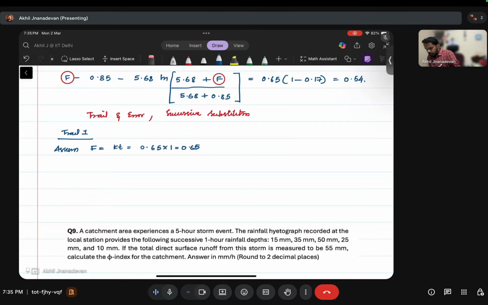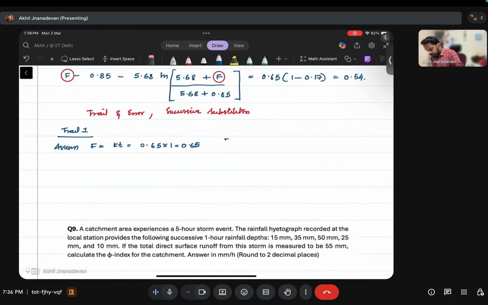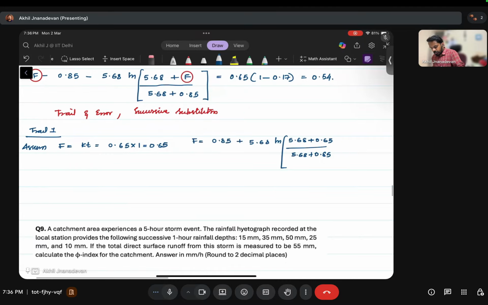So we can write this particular equation, we can take all these terms to the RHS and we can write F is equal to 0.85, we are taking to the other side so it becomes positive, plus 5.68 inside ln, we will substitute 5.68 plus F as 0.65 divided by 5.68 plus 0.85, plus 0.54.